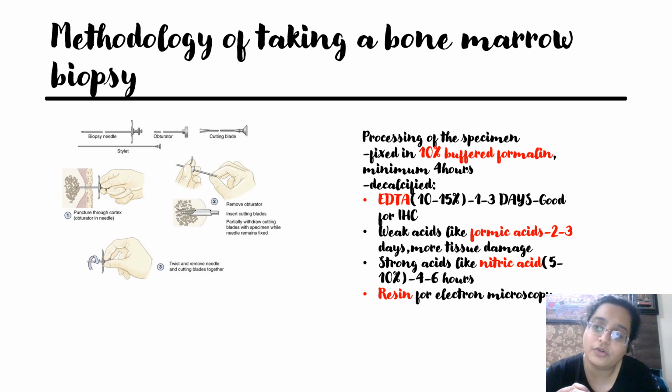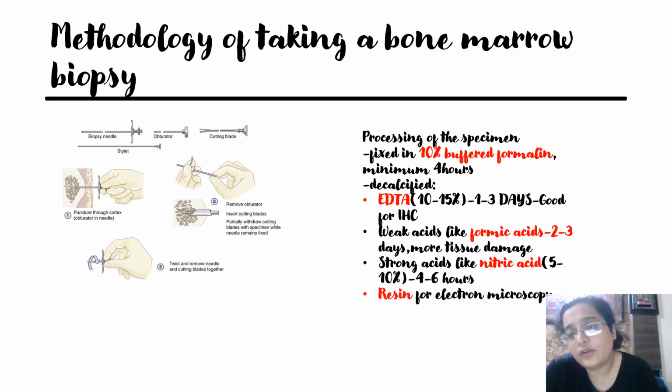You can go through any of your histotechnique procedure books like Bancroft or whatever Indian authors are there. And if someone messages me, I may take it up for you if you find it tough. Anyways, I have discussed the most important ways of decalcification that we use in the routine process.